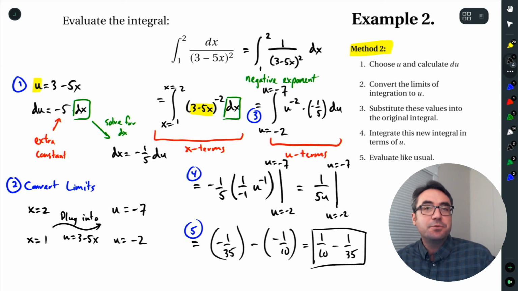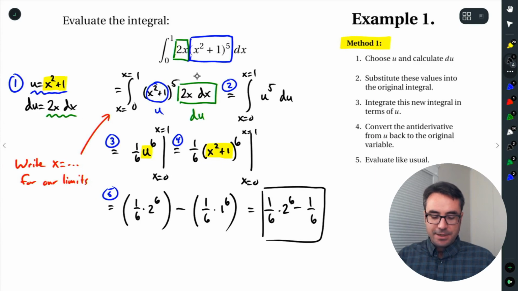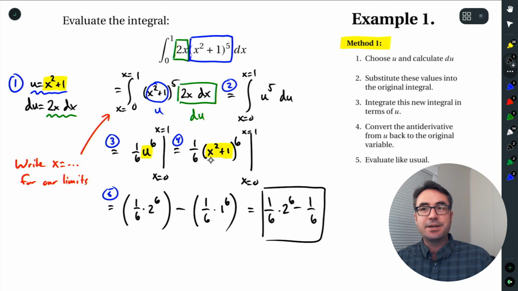Or like we did in example 1, leave the limits of integration in terms of x, go through the whole process, get your antiderivative back to x, and then plug in.